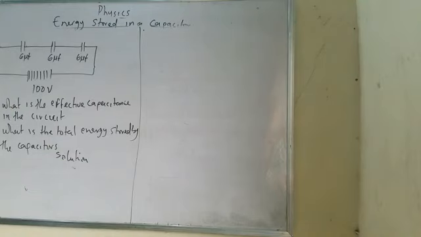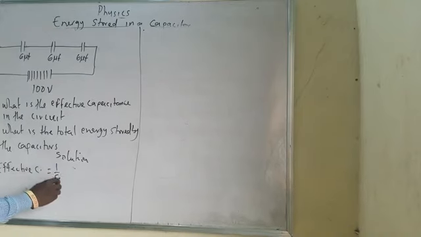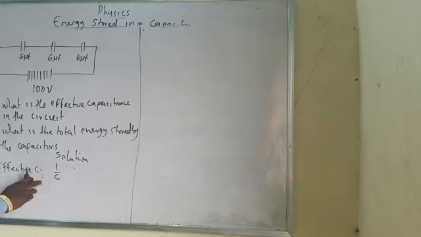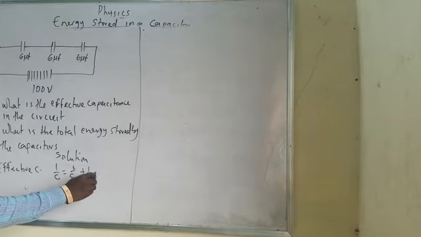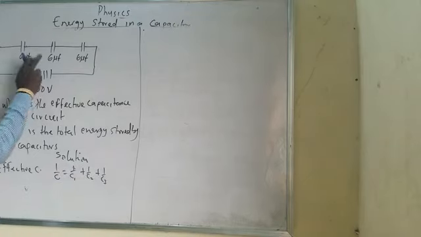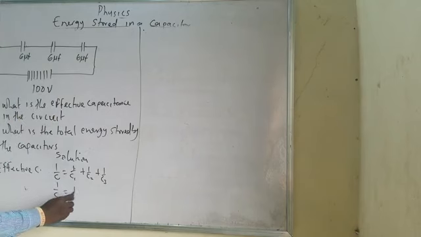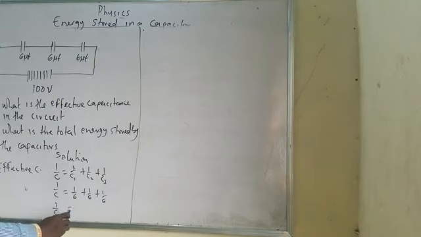The first thing I want you to know is that the connection is in series. This is a series connection. It means the effective capacitance will be given by 1 over C equals 1 over C1 plus 1 over C2 plus 1 over C3, which is 1 over 6 plus 1 over 6 plus 1 over 6, which is 3 over 6.